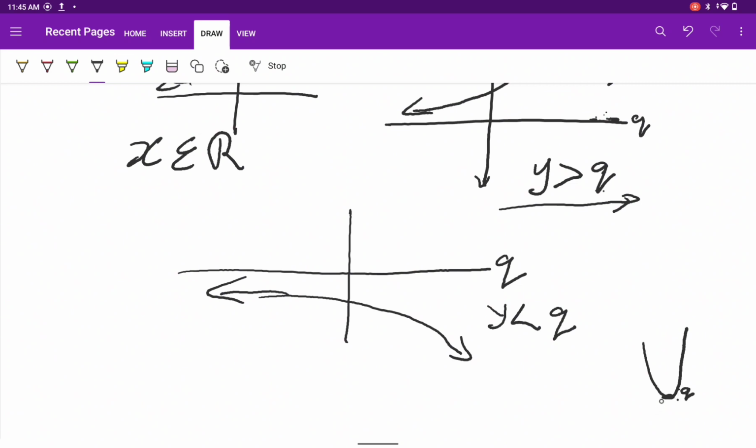They said, what is the range? You will say y is greater or equals to q. So in this case, it's included. But with our exponential, it's not included because it's the asymptote. The q here is the asymptote, but here the q is part of this graph. Hence we put greater or equals to.